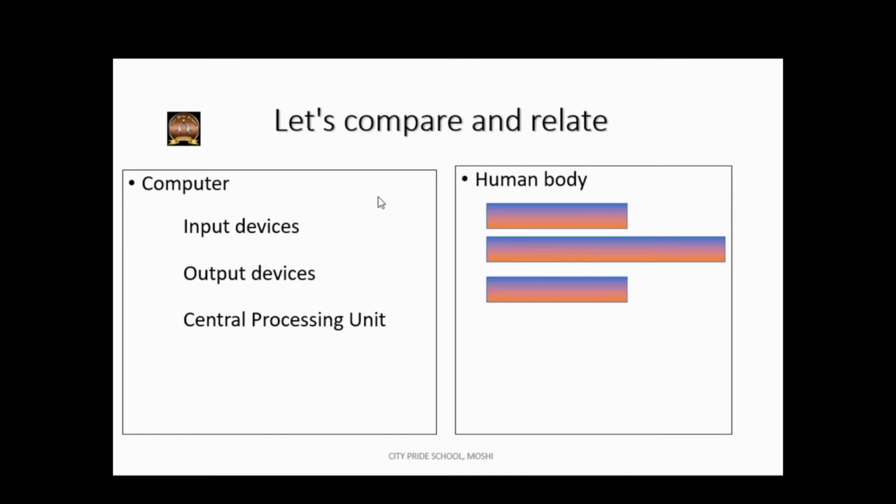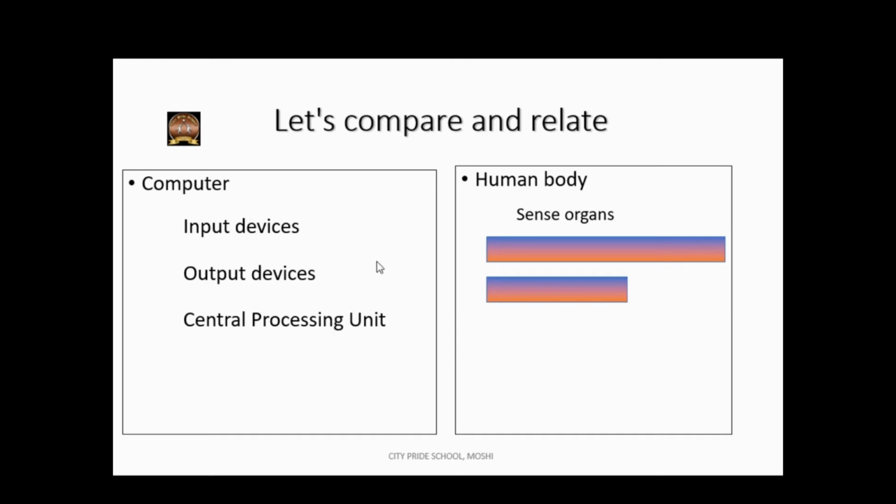Let's compare and relate between the computer and a human body. So the input devices of a computer may be compared to the sense organs of the human body. Yes, you have learned about the sense organs, which are your eyes, ears, nose, tongue and skin. These organs take in information from your environment and feed the brain information about your environment.